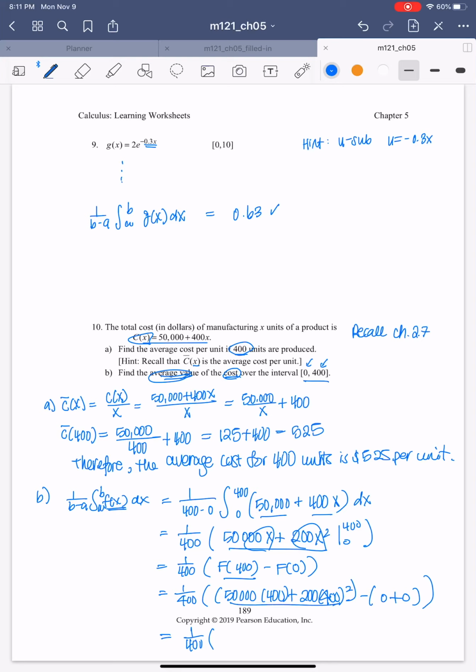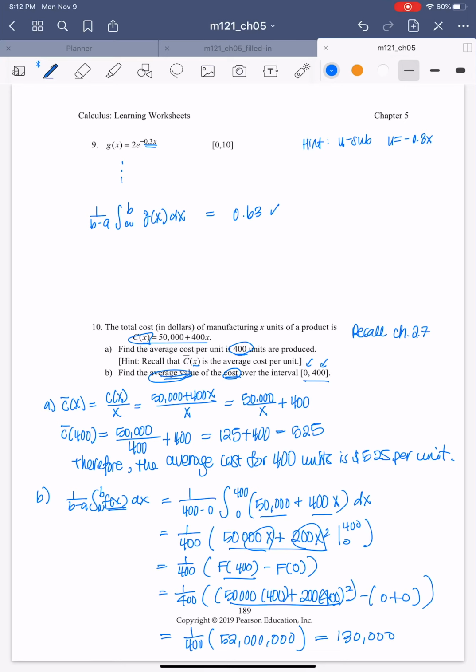So a little bit of algebra. Let's simplify this. If you do that, I'm getting 52 million divided by 400. I get 130,000 as a final answer. So this means the average value for the cost will be 130,000.